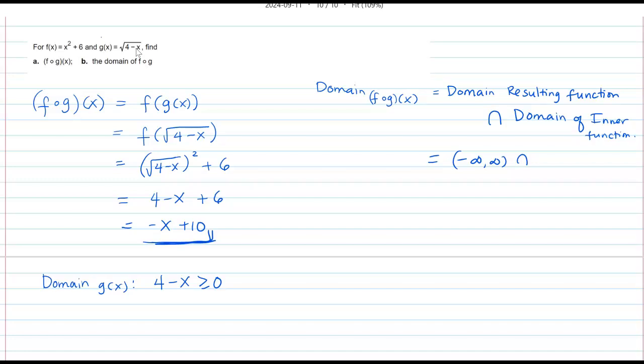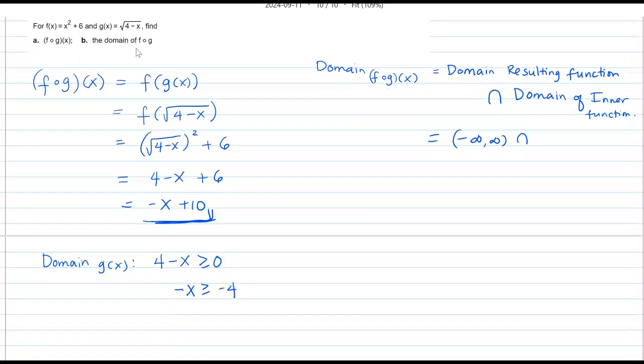Then you can move the x to the other side of the equation, or you can retain it here. Let's just retain it here. Minus x greater than or equal to 0. And then you move the 4 to the other side of the equation. That makes it negative 4. But we want x, so we will have to divide both sides by negative 1.